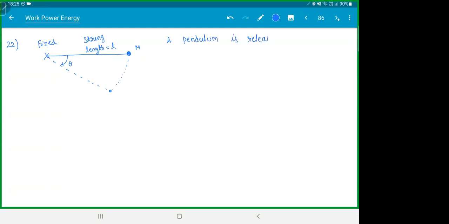Pendulum is released horizontally. Horizontal position. Gravity is there. First question. Find speed, A centripetal, A tangential, tension in the string when it is rotated by theta.